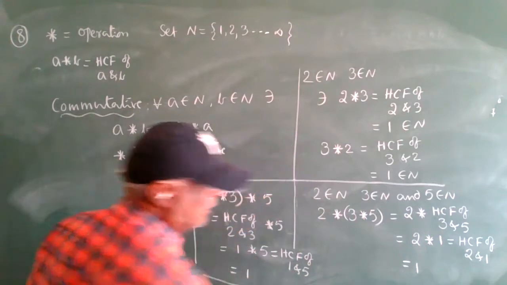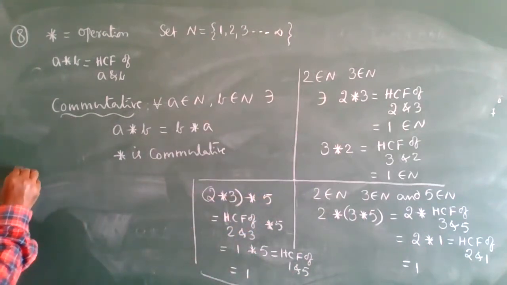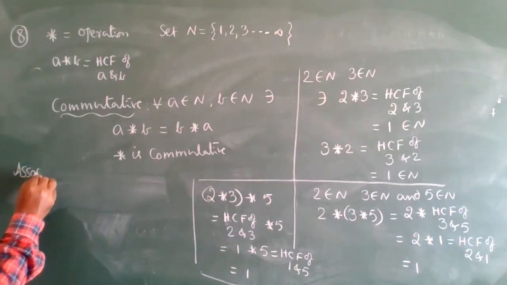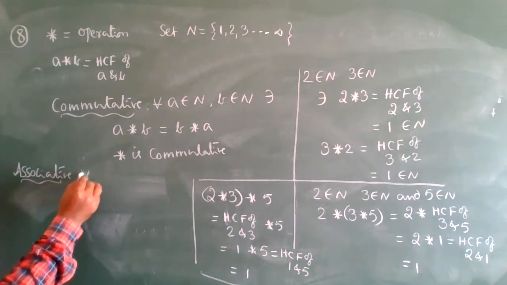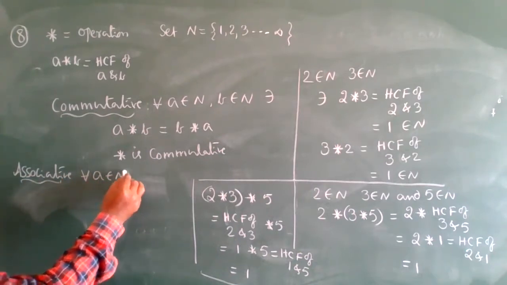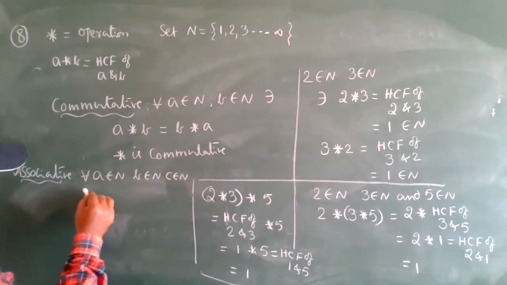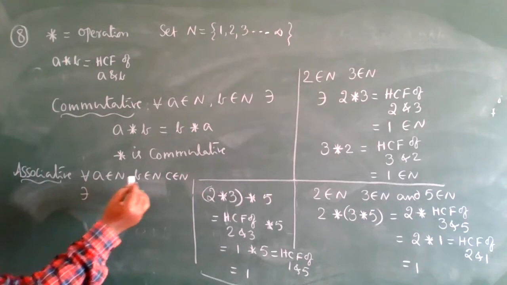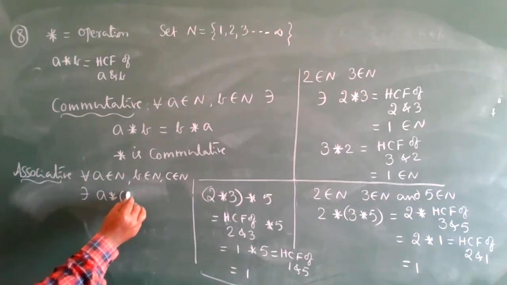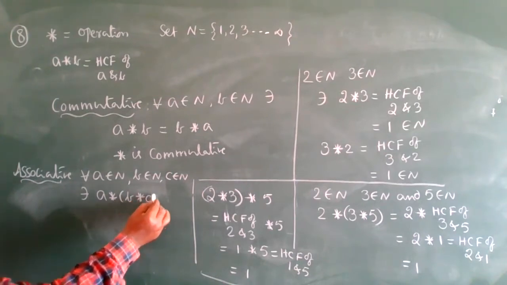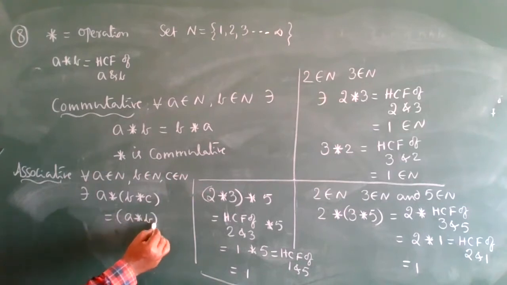Therefore, associative should be written down. Here, associative I am writing. For all A belongs to N, B belongs to N, C belongs to N, such that (A star B) star C is equal to A star (B star C).